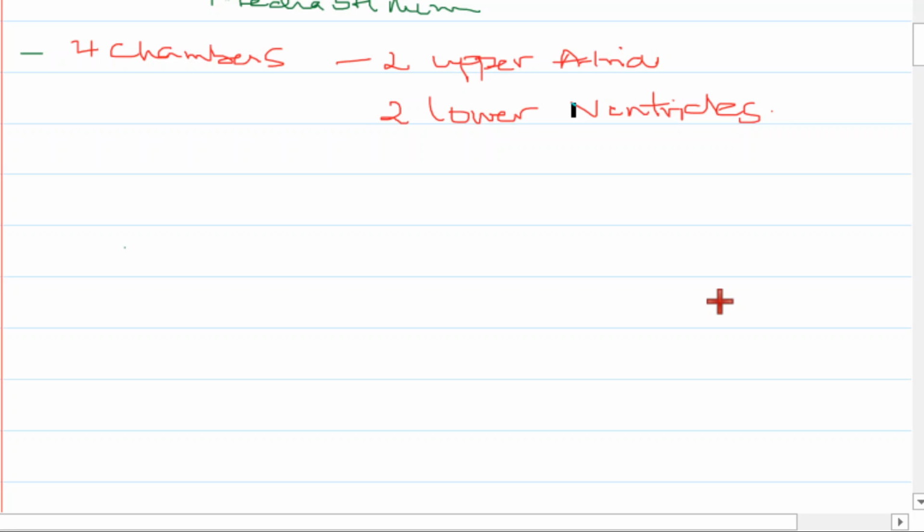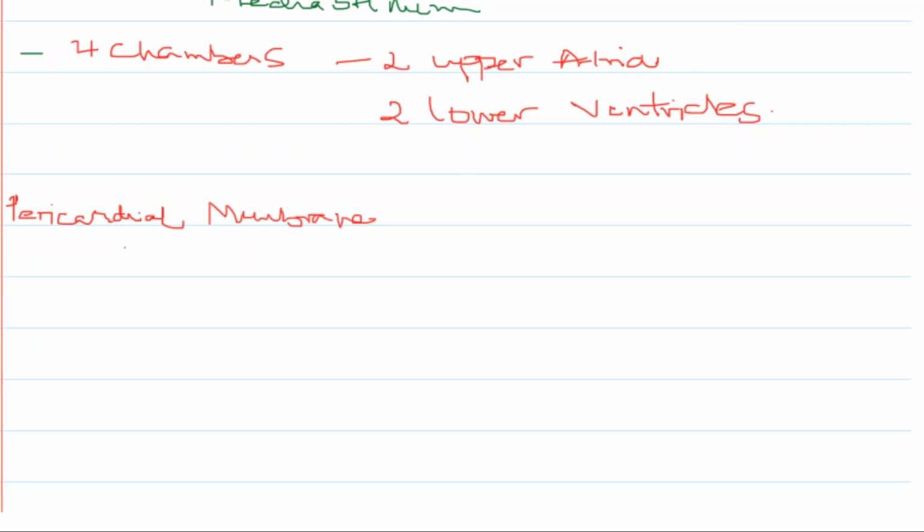But before we get into the chambers, just like the lungs are enclosed in the pleural membrane, the heart is also enclosed in a pericardial membrane. I think we've covered this also in the class. Now, what are these made of?